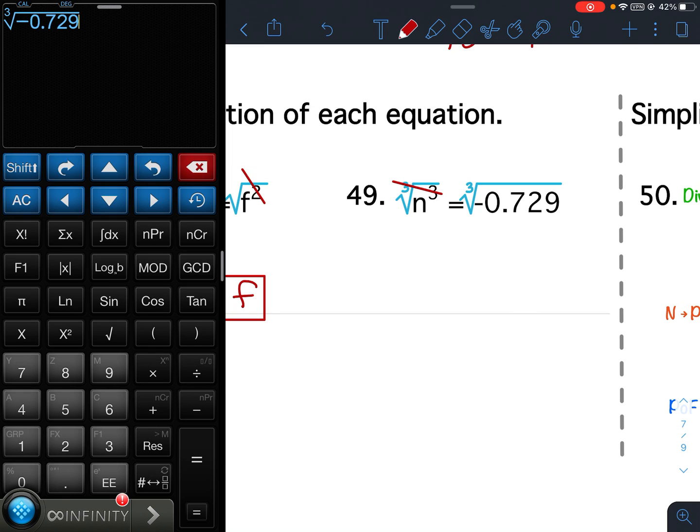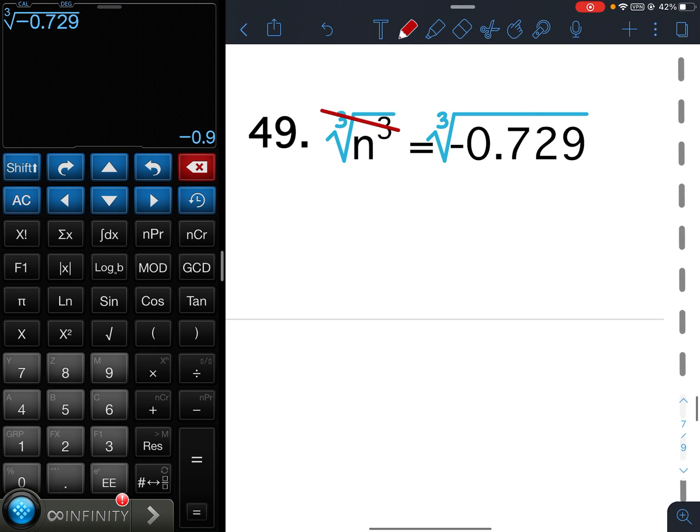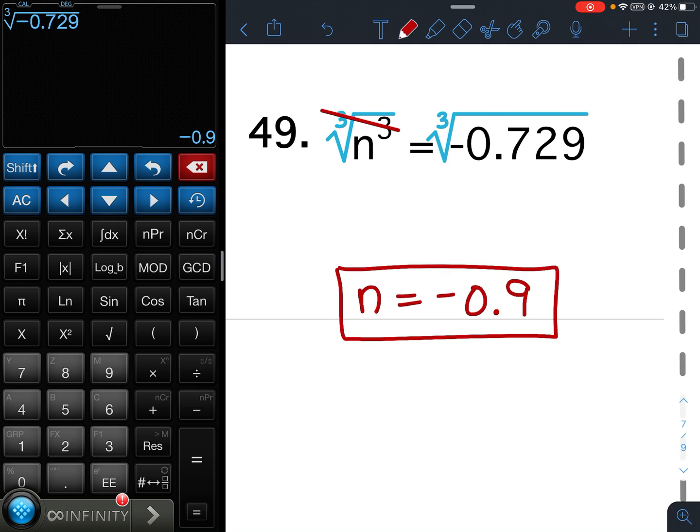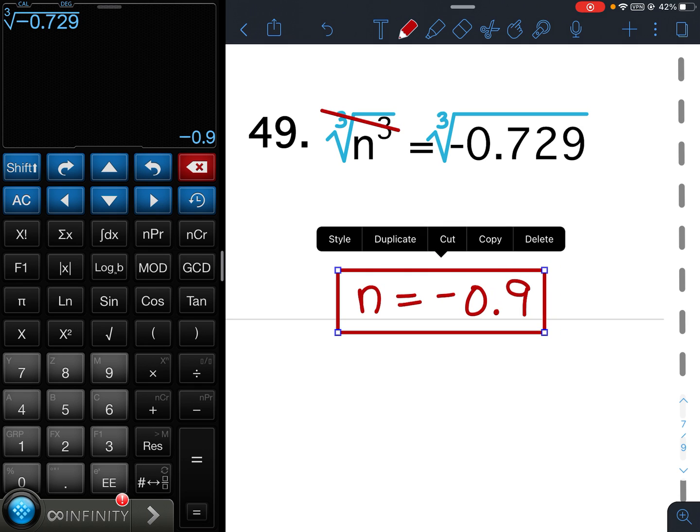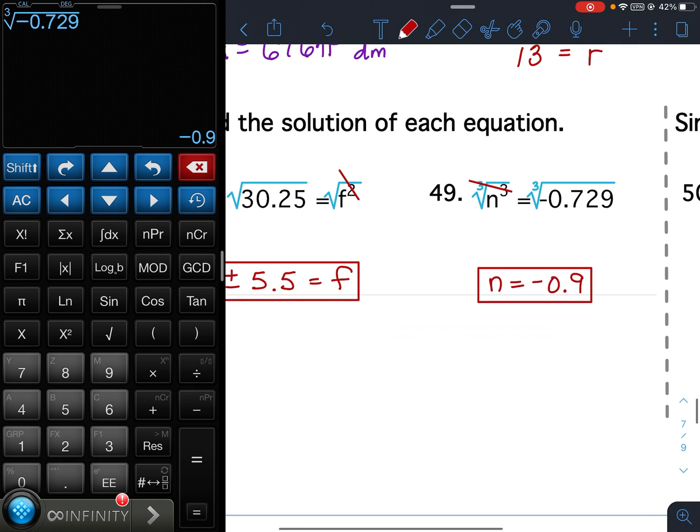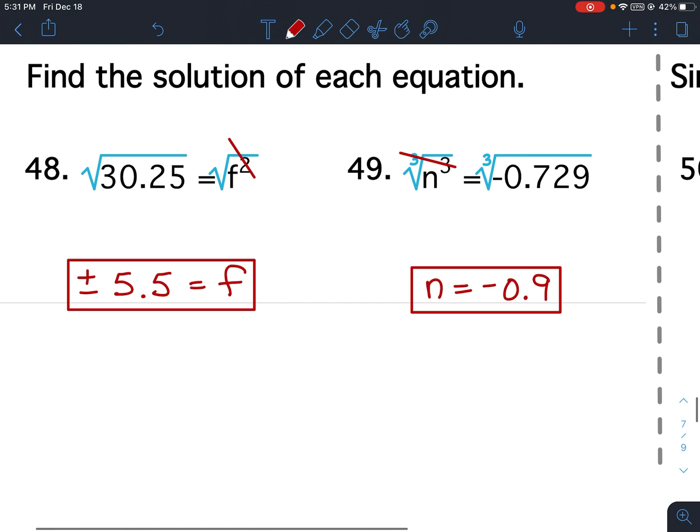You technically didn't need to put the 0 into the calculator, but that's okay if you did. And we get negative 0.9. So n equals negative 0.9. And that is it for those two problems. Pause your video, make sure you have it all written down.